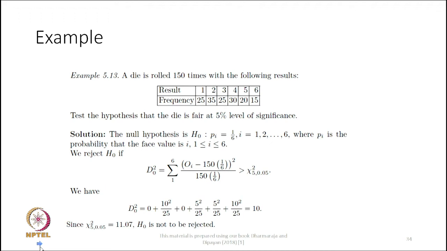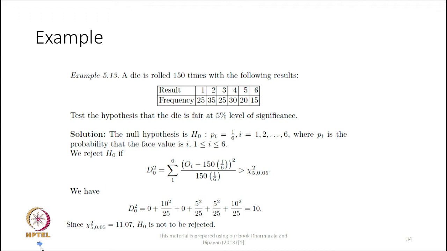Therefore, the null hypothesis is that the probability Pi is equal to 1 by 6 for i from 1 to 6, where Pi is the probability that the face value is i. So, we can get the d naught square using the data which you have been provided.